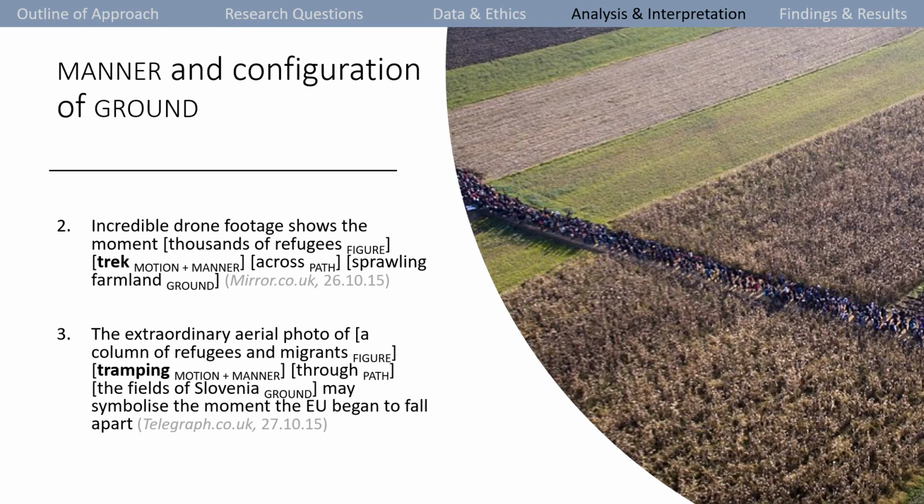Where the path element selected as ground is typically the trajectory, walking verbs like trek, as in example 2, point to the often long and difficult journey undertaken by migrants and thus articulate a more sympathetic discourse. However, other walking verbs like tramp, as in example 3, point to the destructive effects of the motion event on the ground, or, as in the case of march, enact a military metaphor. These verbs may then be associated with more hostile discourses.